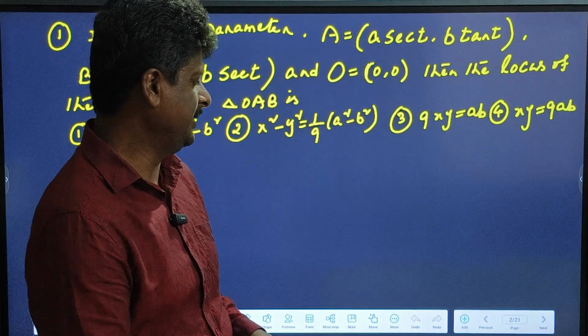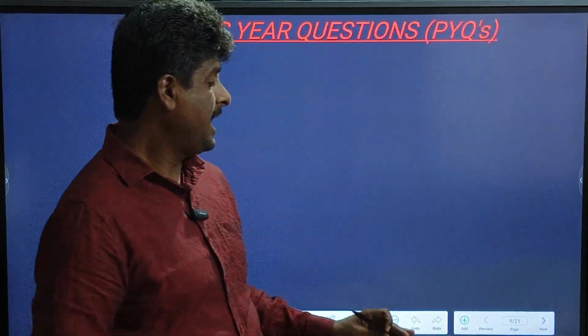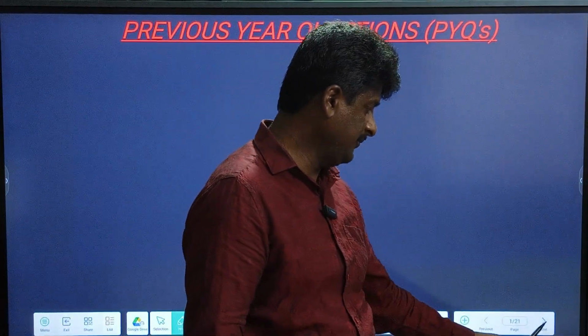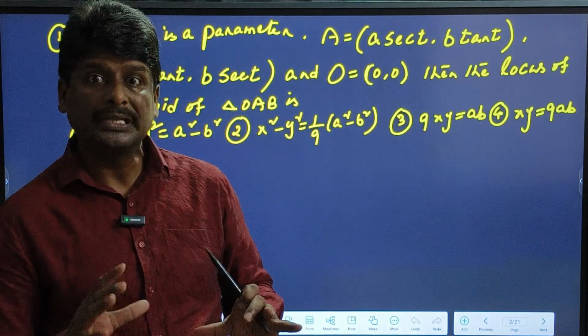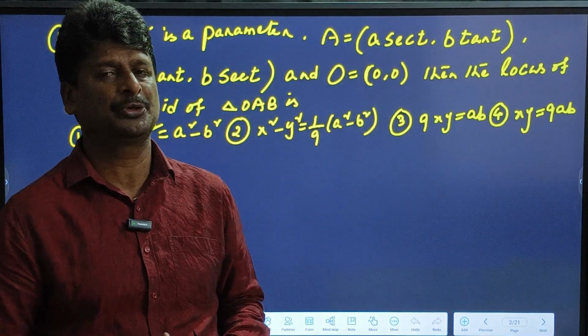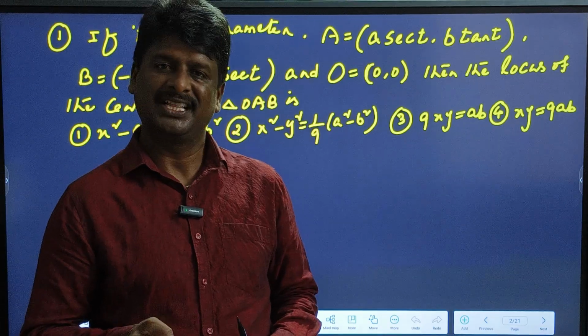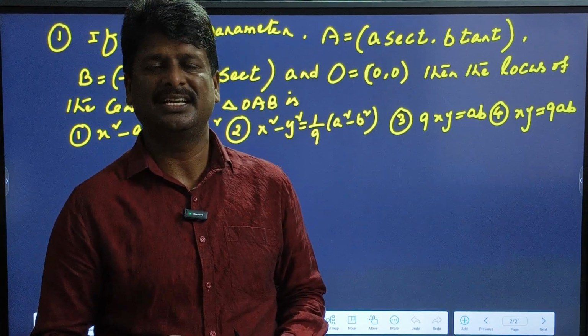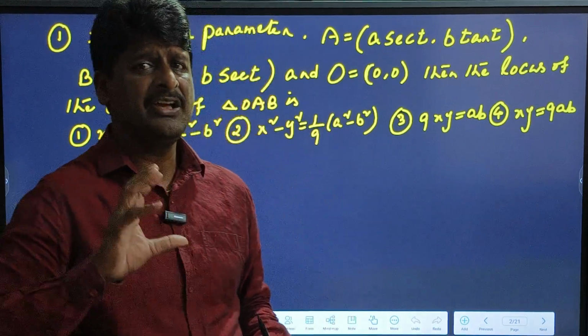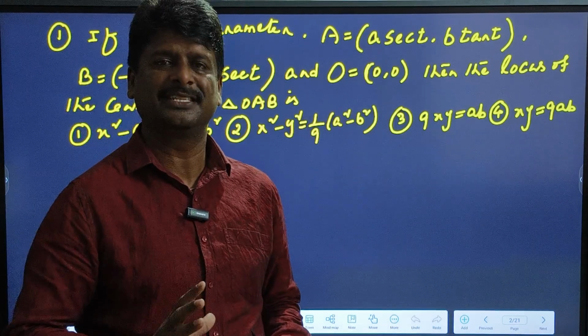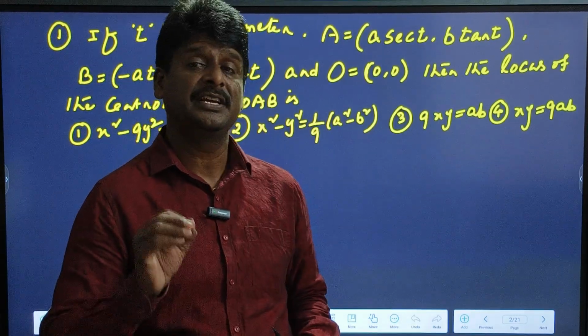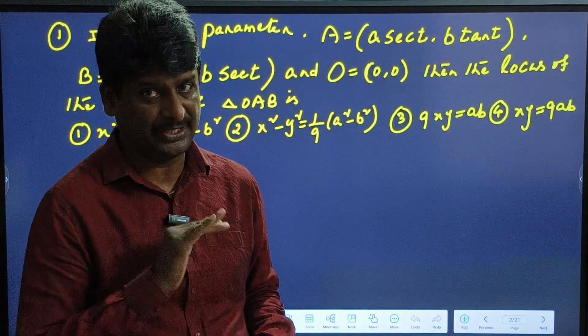In that way, today I have come in front of you with some more topic previous Eamcet questions. They are 2D straight lines, 3D straight lines, DCs and DRs, vectors. Very important concepts. Compulsorily we can expect minimum 2 to 3 questions from these models.